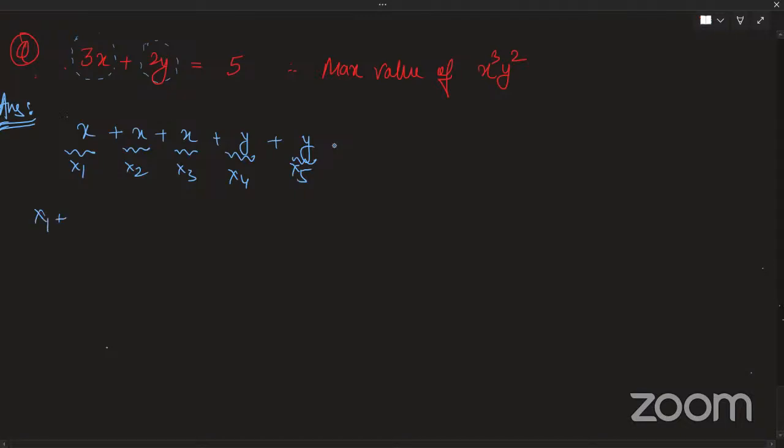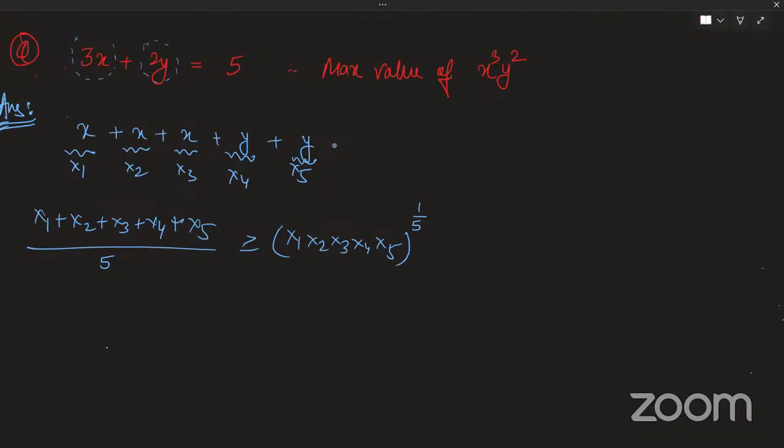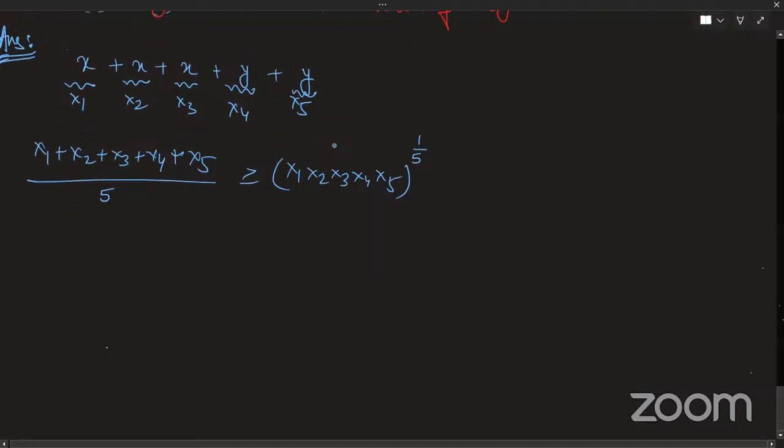So basically, (x1 plus x2 plus x3 plus x4 plus x5) whole divided by 5 is greater than or equal to (x1 into x2 into x3 into x4 into x5) whole raised to 1 by 5. Right, everyone? So now can you tell me what is my left hand side?